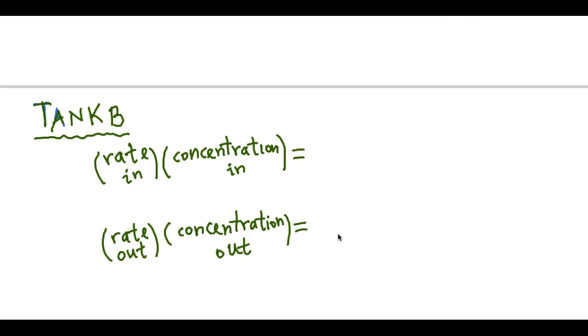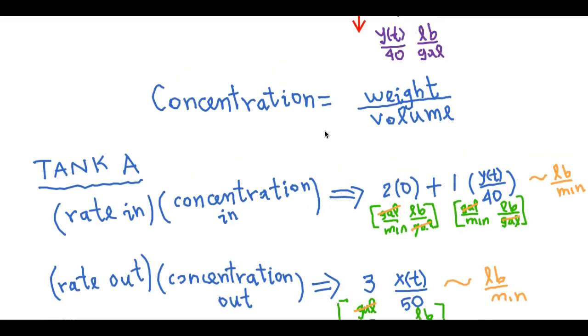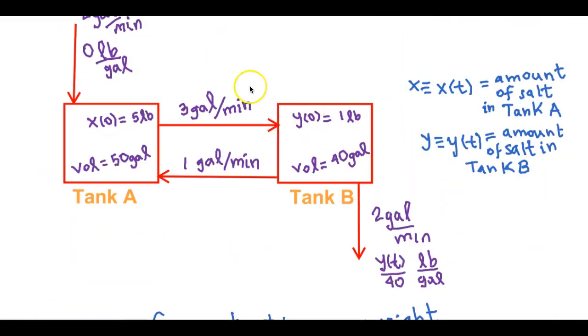So we're going to write the rate in times the concentration in tank B. Looking at the information we have here, as things are coming in, there's only one incoming arrow with information of 3 gallons per minute.